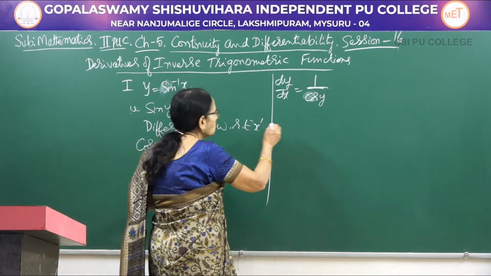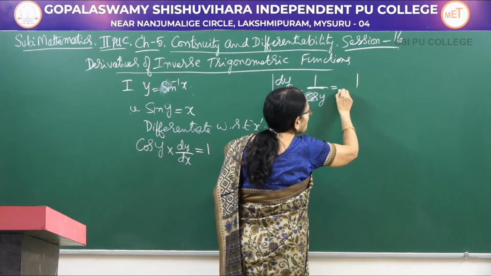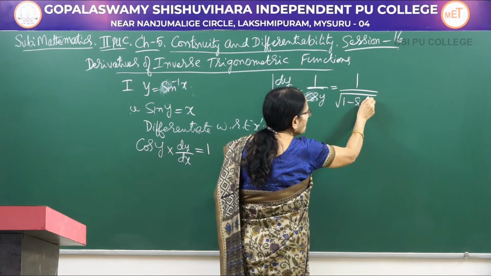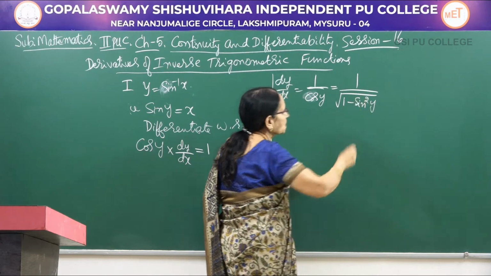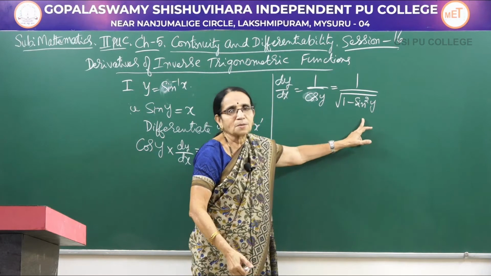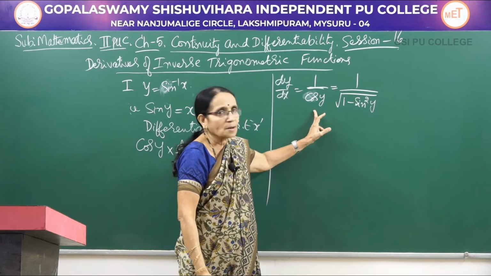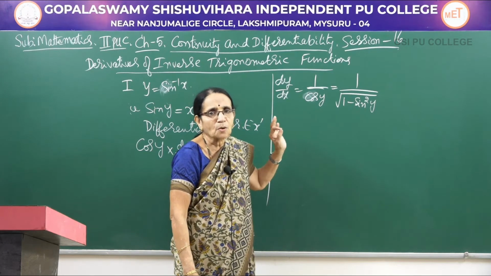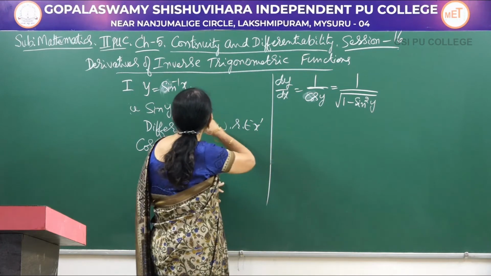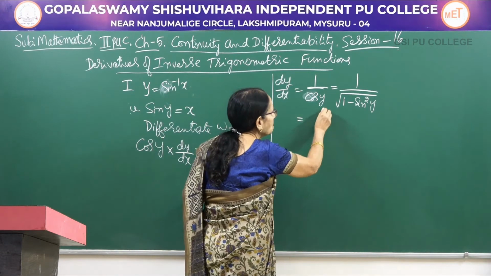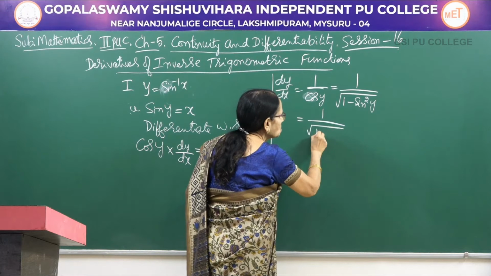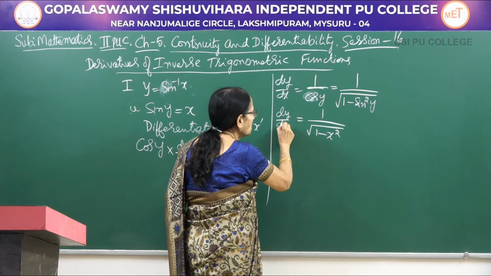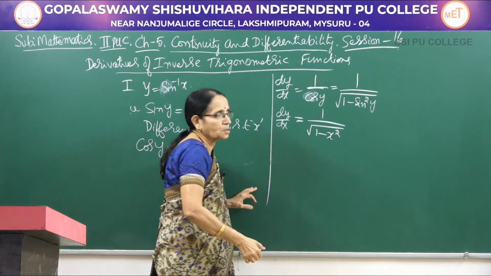So cos square y is 1 minus sin square y, or cos y would be the square root of 1 minus sin square y. We know the value of sin y, which is x here. So dy by dx is 1 divided by root of 1 minus x square. This is the formula for this one.